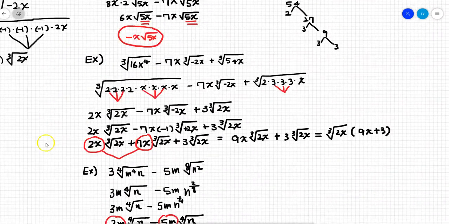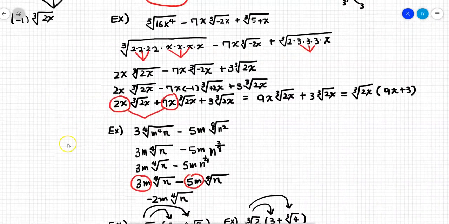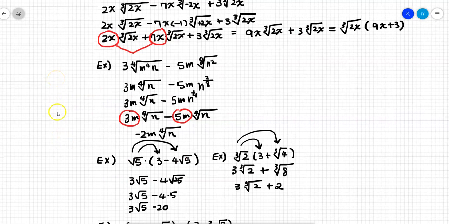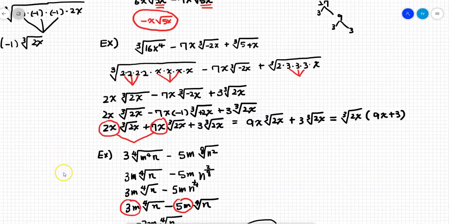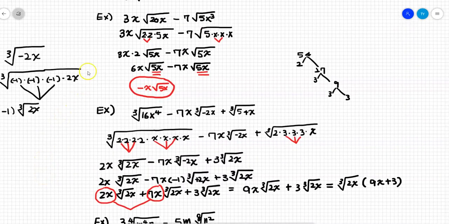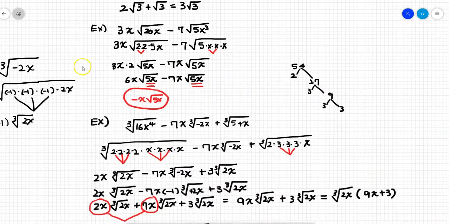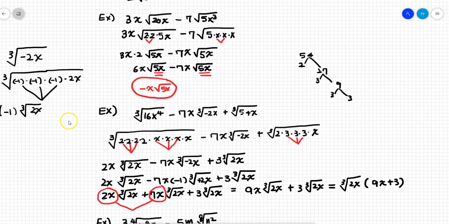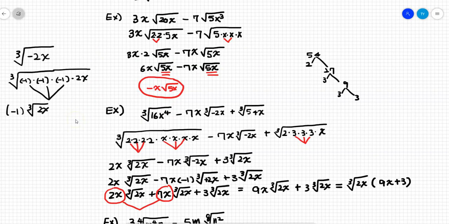I think it's about here. Okay, so what we just did here, let's go through this example again. Sorry about that. I forgot to turn on the microphone. That was my mistake. So let's just go over this.